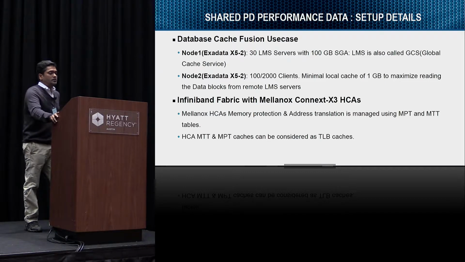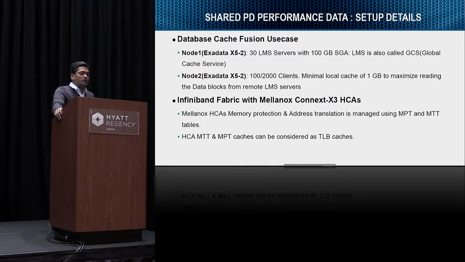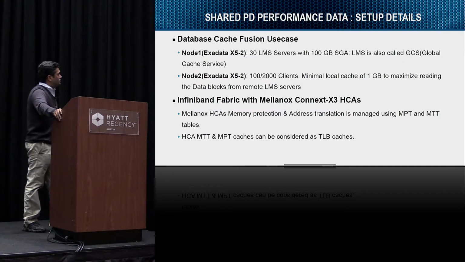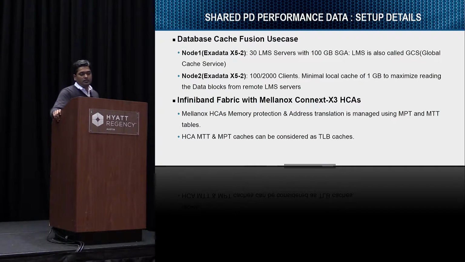So it's a typical server-client model. One of the nodes is running the LMS servers. LMS is basically our global cache services, where clients can request database blocks from the LMS service. So we are running 30 servers on one node, and the other node is running clients.